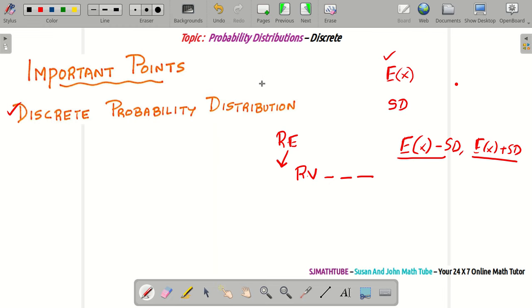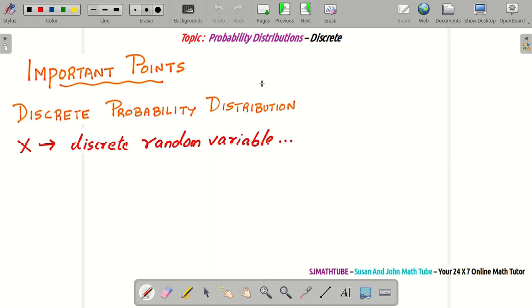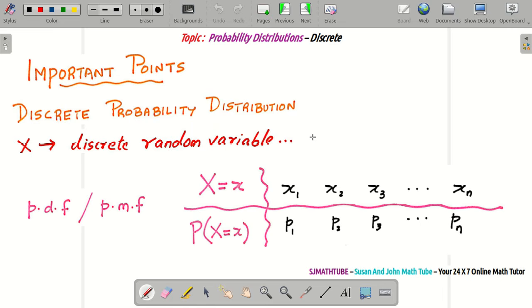The points to remember: the first one is capital X is called a discrete random variable. Then we have the probability distribution function or the probability mass function, which looks something like this. So we have the input values or the possible values associated with the experiment and the corresponding probabilities.